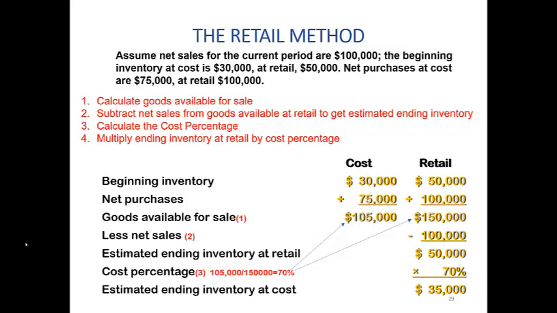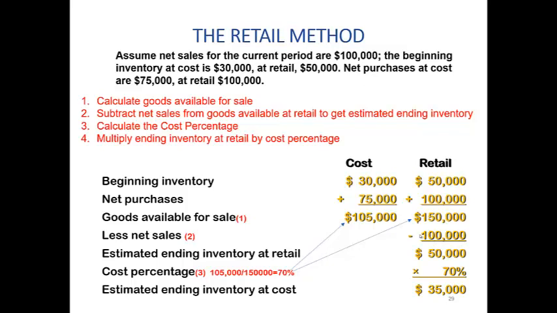So the first step is to calculate the goods available for sale at both cost and retail. So I've brought down the beginning inventory at cost and retail, and I've brought down the net purchases at cost and retail, and totaled them up to calculate the goods available for sale. Now I'm going to insert the net sales right underneath the goods available for sale under the retail method.